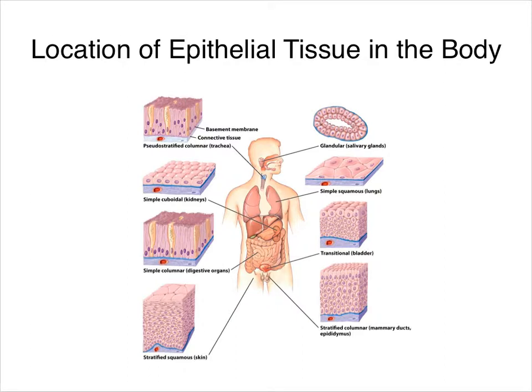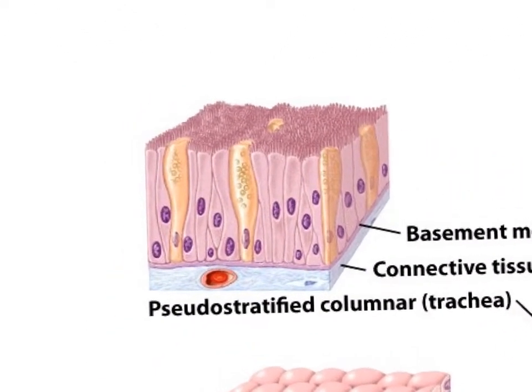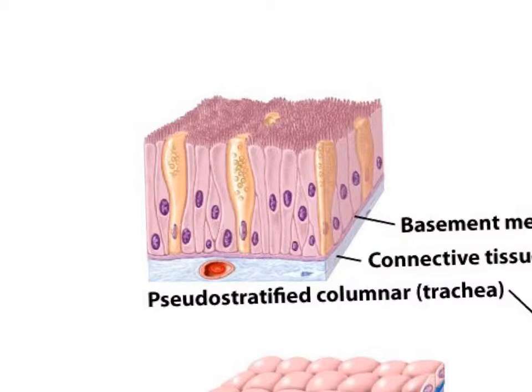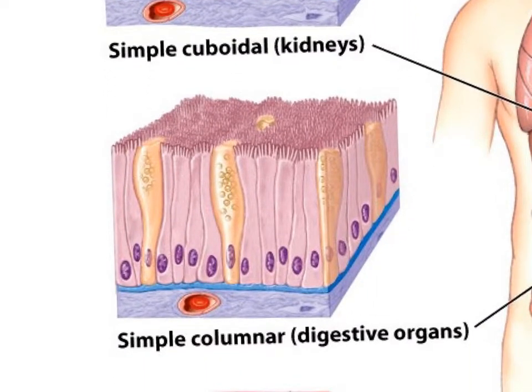Now, in this, you can see if we magnify in on this, actually, let's go down here. This here is a brush border of microvilli. Remember, microvilli increase the surface area of absorption, and microvilli are often associated with simple columnar.